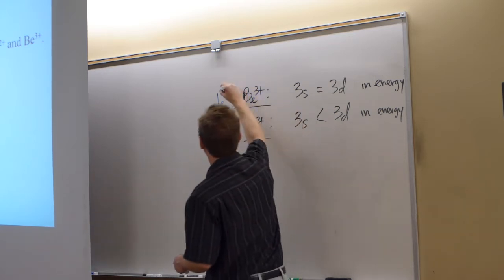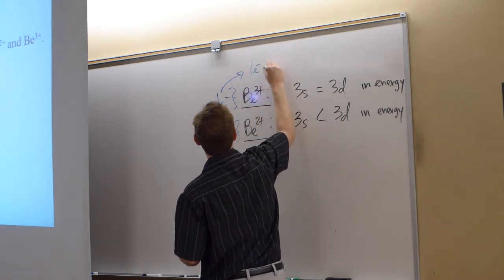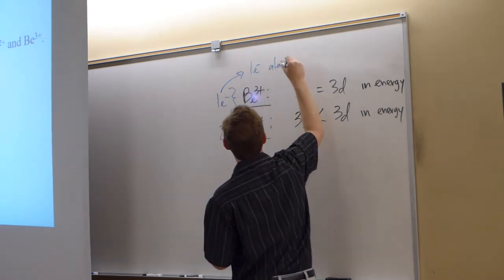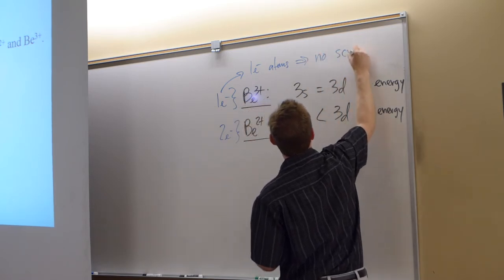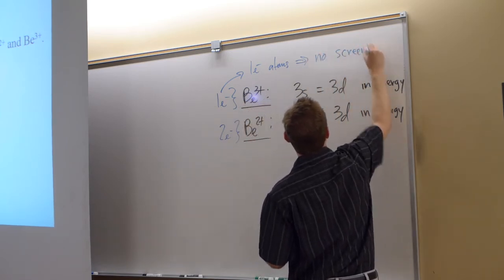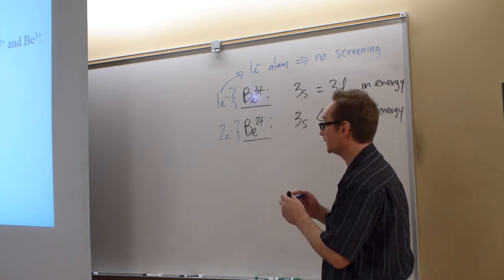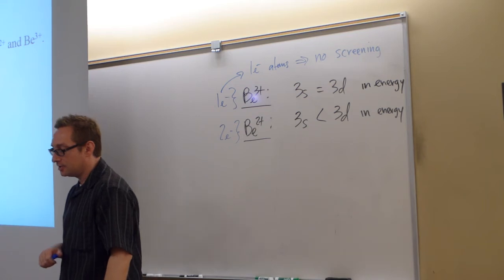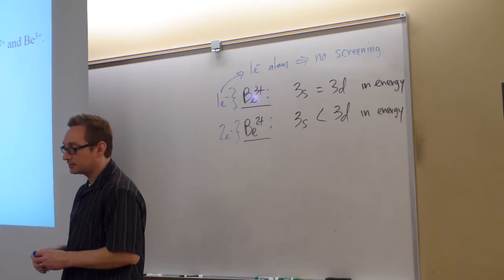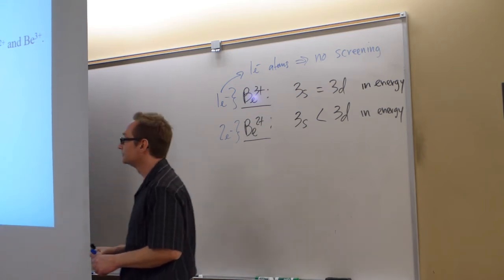So let's say 1 electron atoms, no screening. So for this question, 2p orbitals in Li 2+ and beryllium 3+, how would they compare?